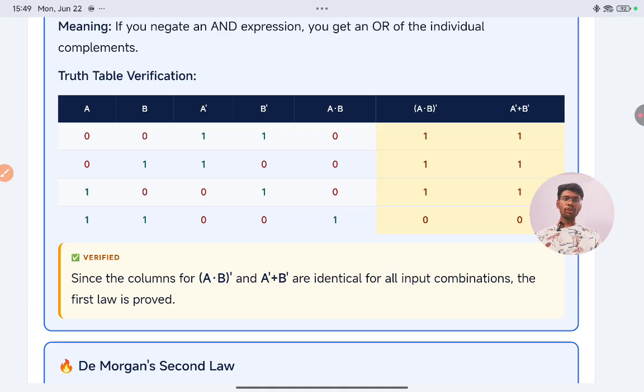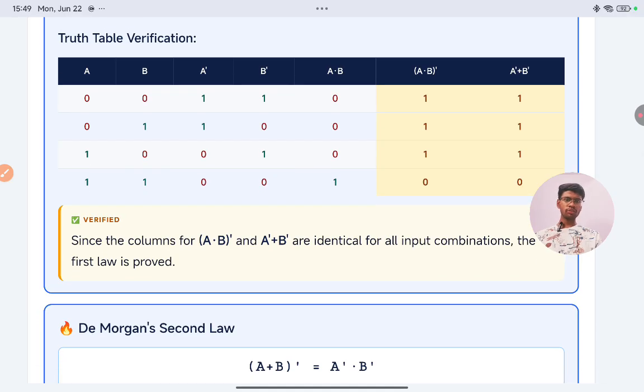(A dot B) whole complement equals A complement plus B complement. You can verify this on your own in this table, because we know how to do the AND operation, the NOT operation, and the OR operation, right? You can calculate like that.